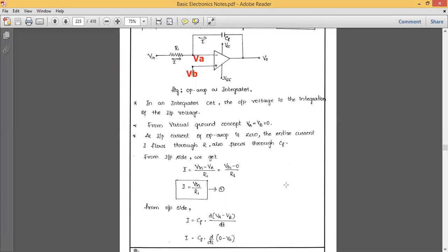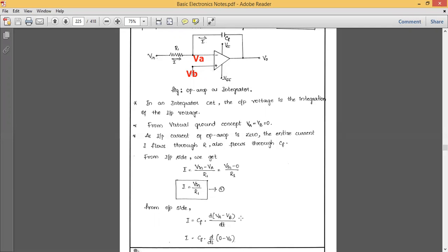As the property of capacitor says, the current flowing through the capacitor is calculated in the form of a derivative. Therefore, the current flowing through the capacitor Cf is represented by d by dt of that particular voltage.